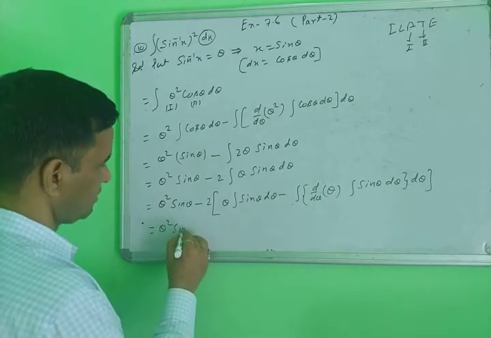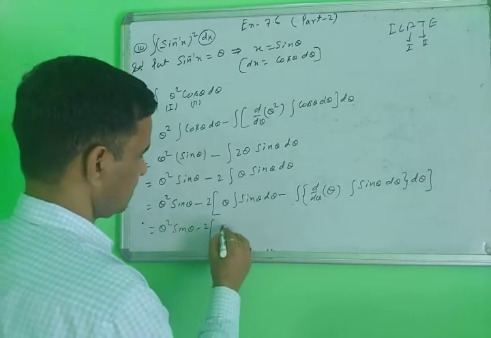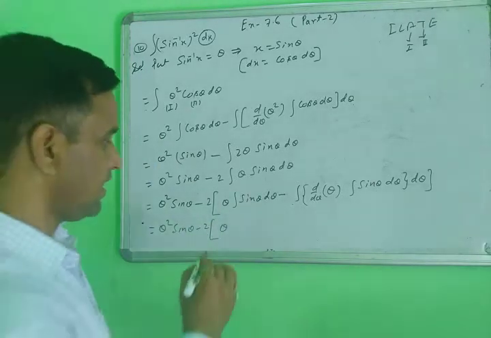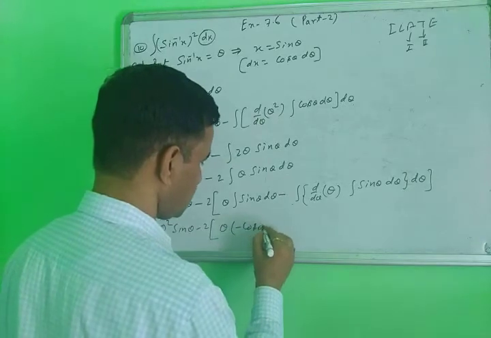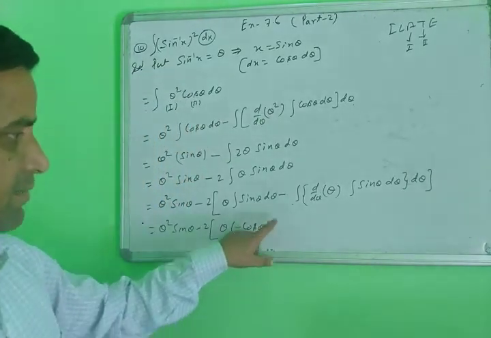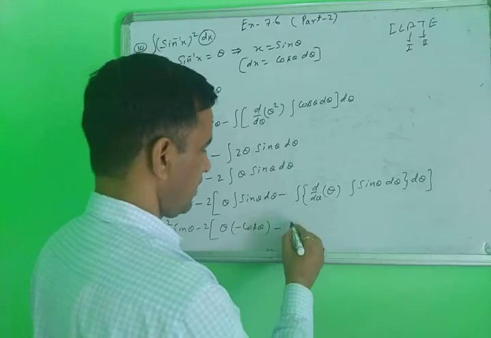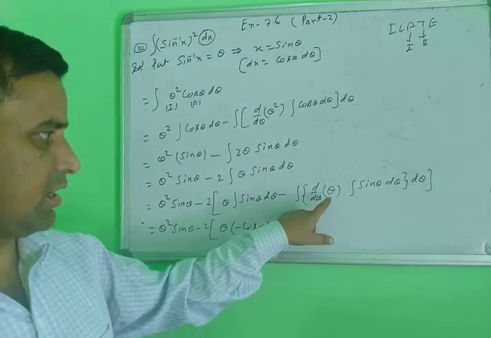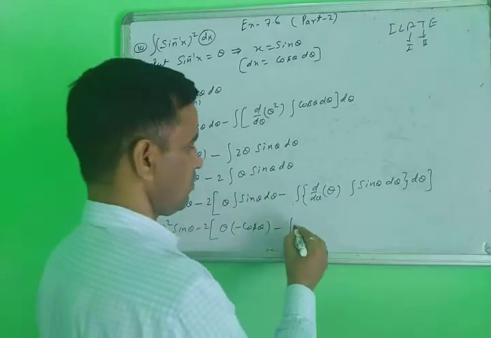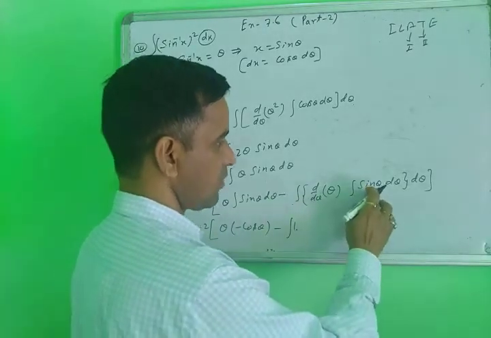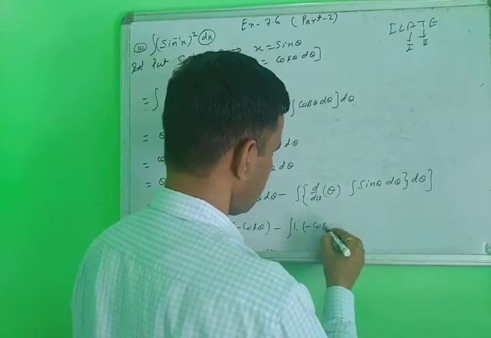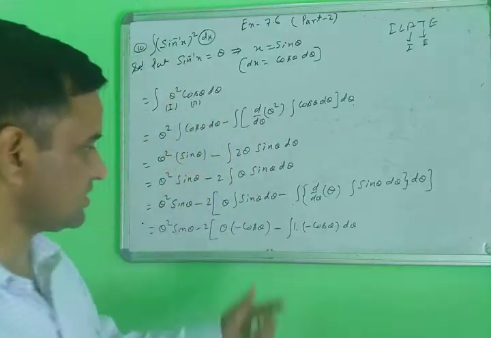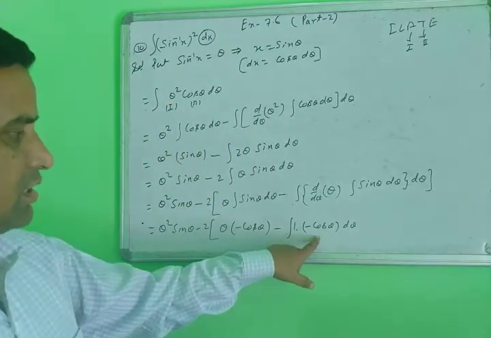Theta square sin theta minus 2, theta same, and integration of sin theta is minus cos theta, using the bracket sign here, minus integration of the differentiation of theta with respect to theta, which is 1, and integration of sin theta, minus cos theta, and d theta. This is your last step. Again you will integrate this, then you will get the final answer.